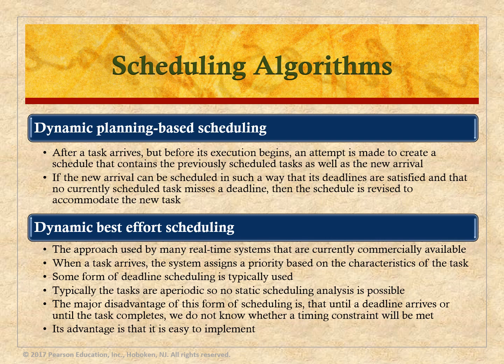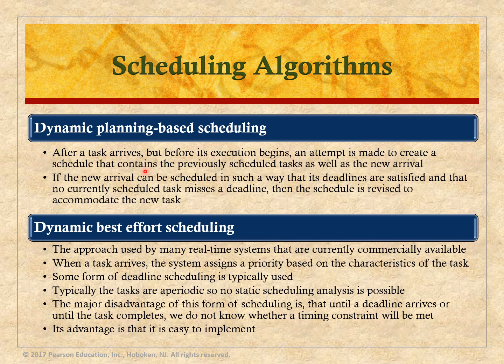The first dynamic one is this: when a task arrives, before its execution begins, the scheduler will create a schedule that contains the previously scheduled tasks. It uses the information of the previously scheduled tasks to create a schedule for this new task.